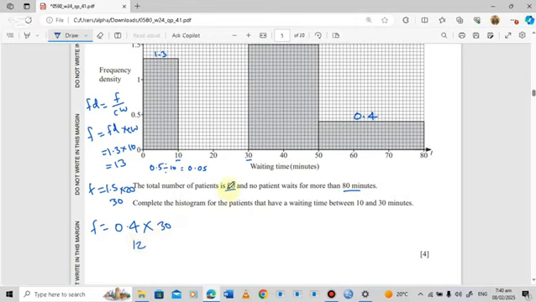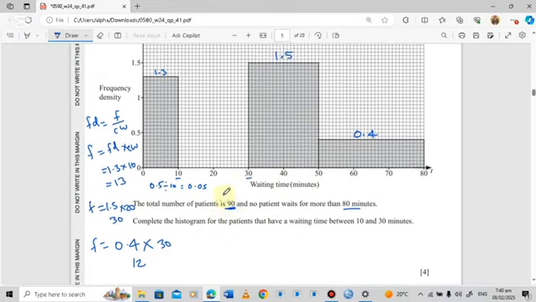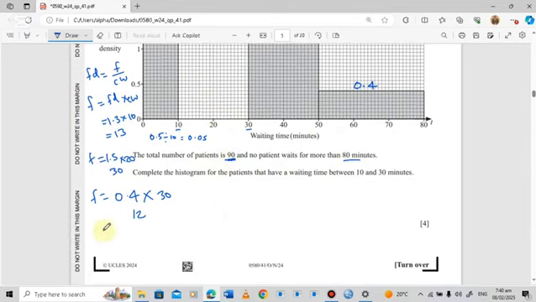All right, but remember, they say the total frequency is 90. So for us to find the frequency for the missing bar here, we are going to say 90, which is the total frequency, minus the frequencies that we've found: minus 13 plus 30 plus 12.